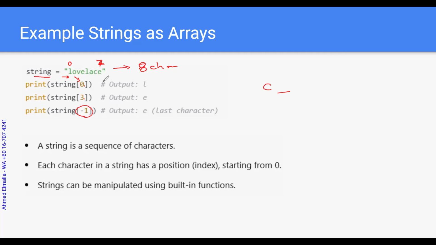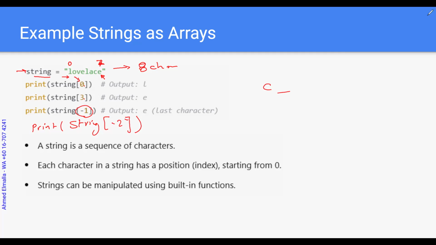So this -1 will get you the last character. What about -2? Can you write this and try to make a print statement that puts the string like that and put -2? Can you tell me what is the output of -2? Is it C? Yes, you should get C.